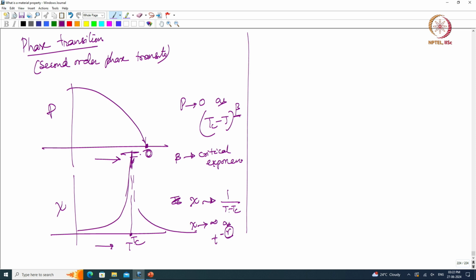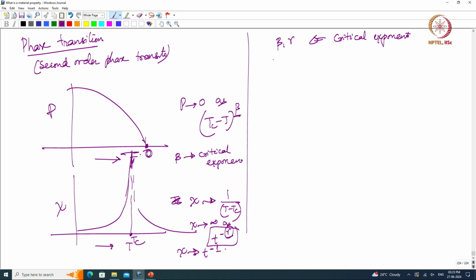It does not need to be 1 always. 1 is the Curie-Weiss law, the mean field case, or the case of Landau theory, what even Curie-Weiss had calculated. But in general, if I am using some other model, it can go to infinity as (T minus Tc) to the power minus gamma.